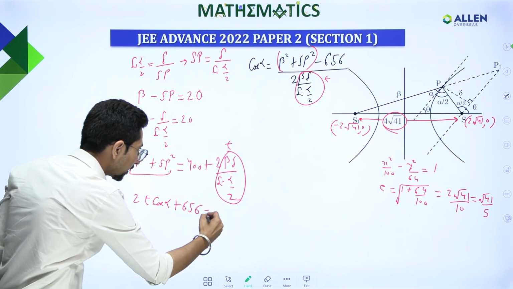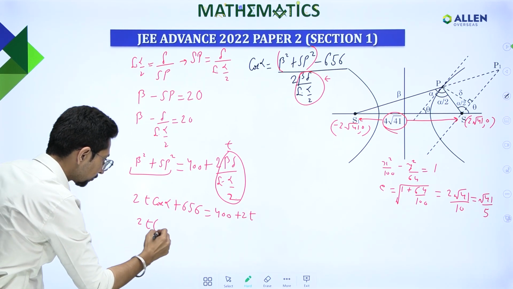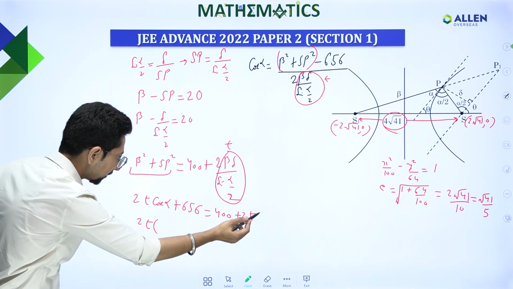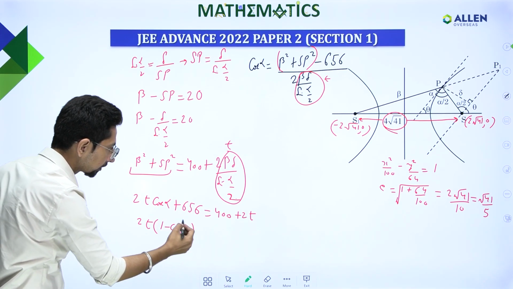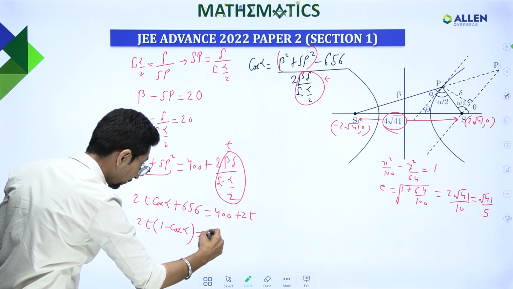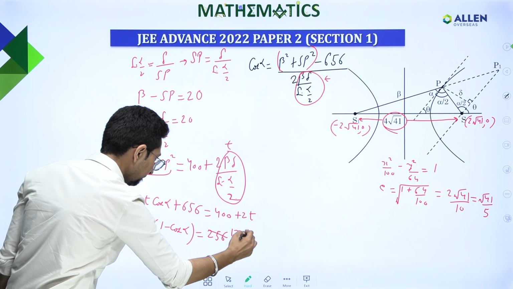This is equal to 400 plus 2T. Let's take this on the right hand side. This will be 2T times 1 minus cos alpha, and on this side 656 minus 400, that is 256, or cancelling with 2, this is 128, right?